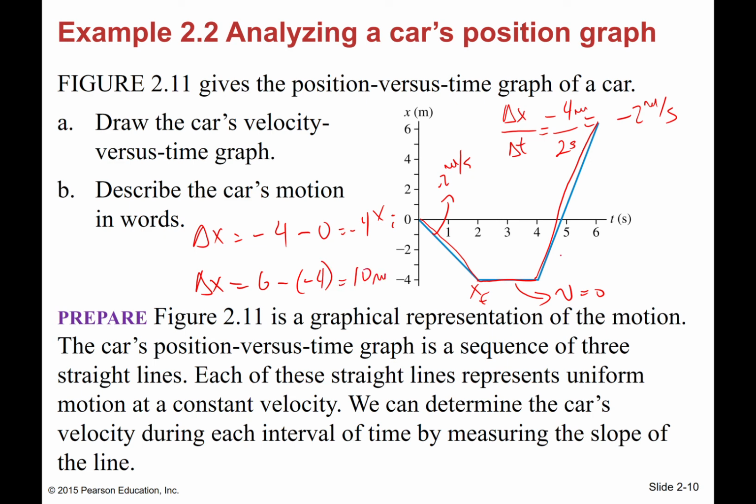Then delta x, which is 10 meters, divided by delta t, which is 2 seconds, is equal to 5 meters per second.